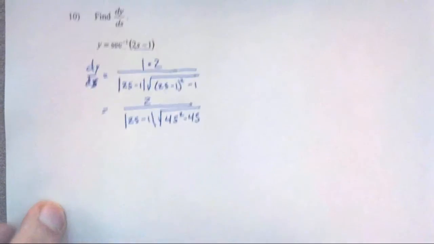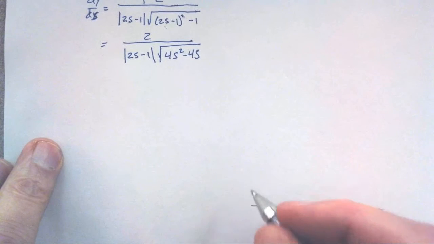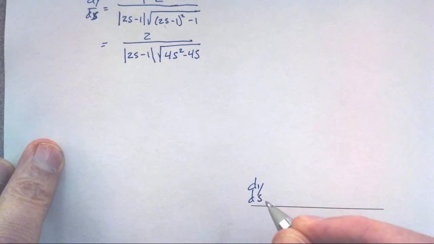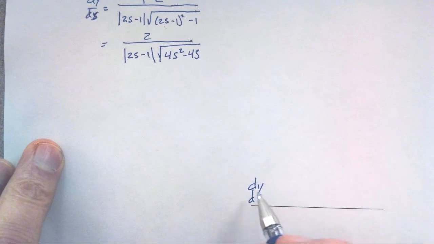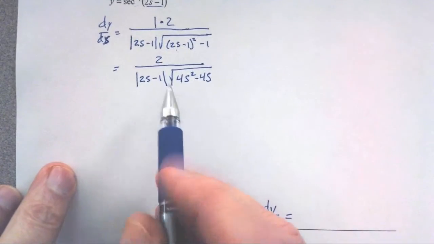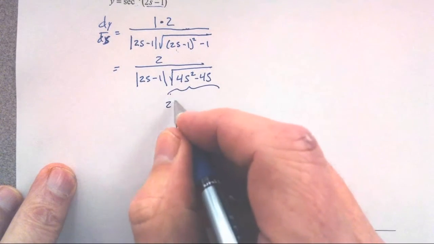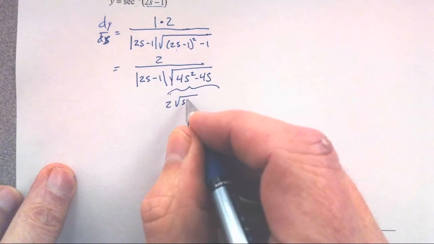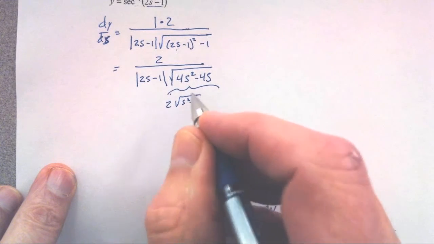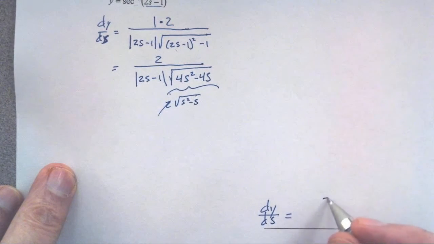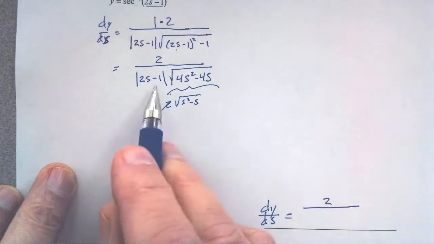So dy ds, the derivative of y with respect to s, is, if I make this factor become 2 times the square root of s squared minus s, the 2's cancel, and I get 2 on... How about this absolute value?